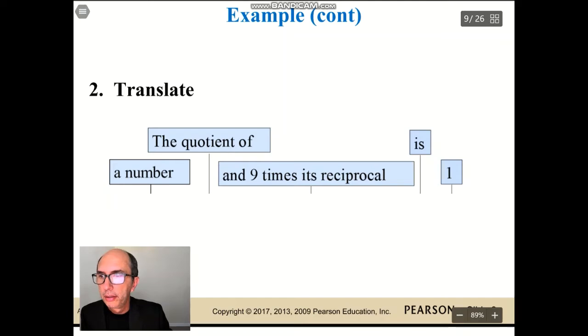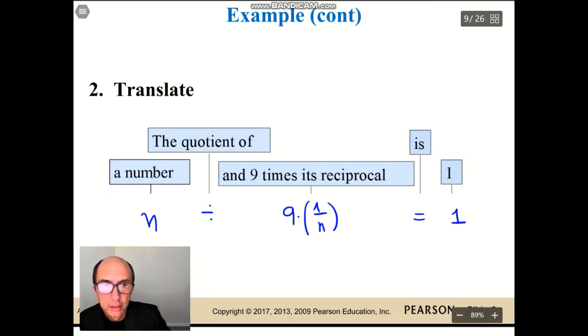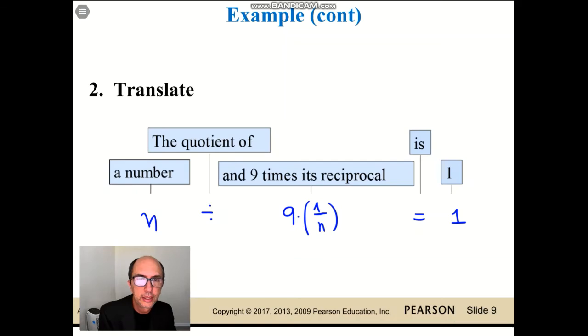A number, the number is n. The quotient of the number and 9 times its reciprocal, 9 times the reciprocal is going to be 1 over n, equals 1. This is how we translate the statement in the word problem.